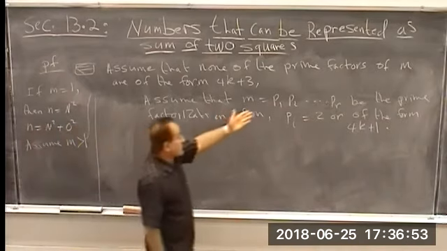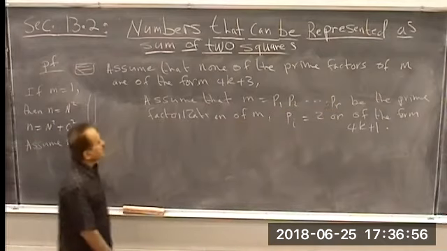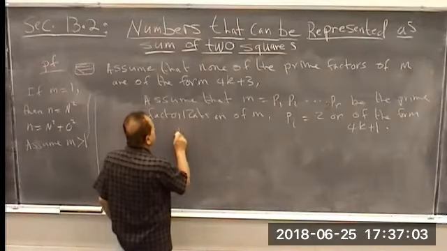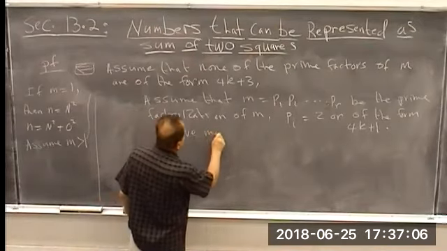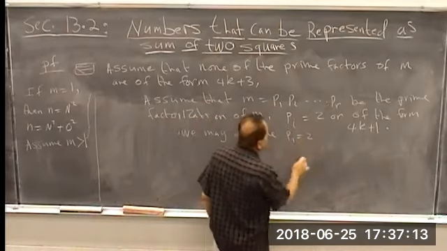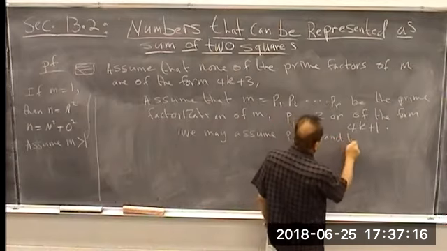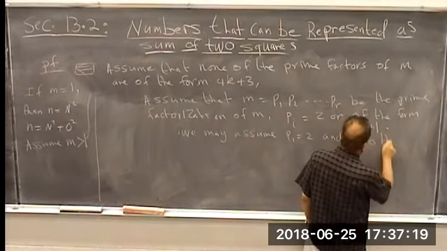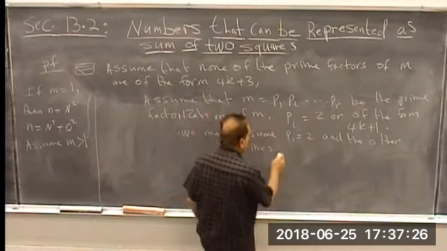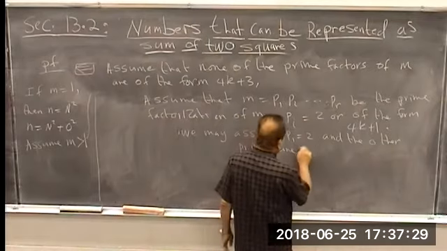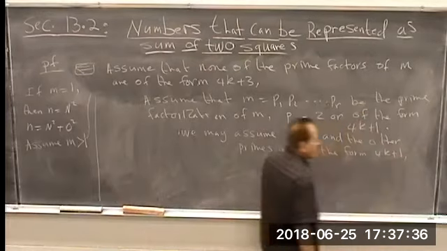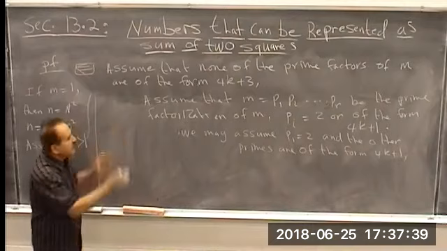So I would have one of these to be 2, and without loss of generality, we may assume p1 is equal to 2, and then the other primes are of the form 4k plus 1. Or all of them are of the form 4k plus 1, if we don't have it.